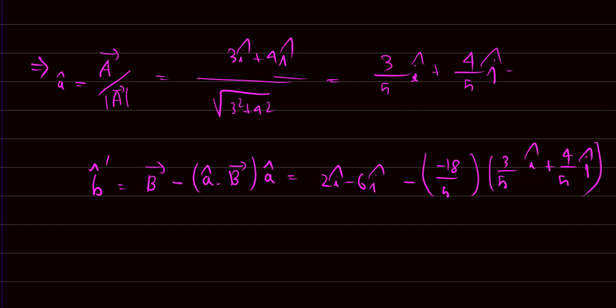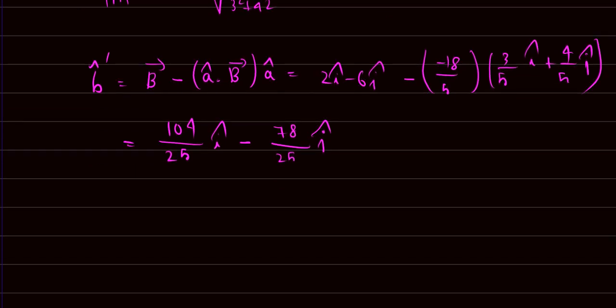If we calculate this, we will find this. Now if we divide this vector by its norm, you can do the calculation yourself, we will get 4 by 5 i cap minus 3 by 5 j cap.